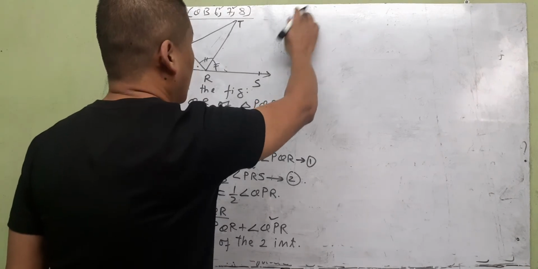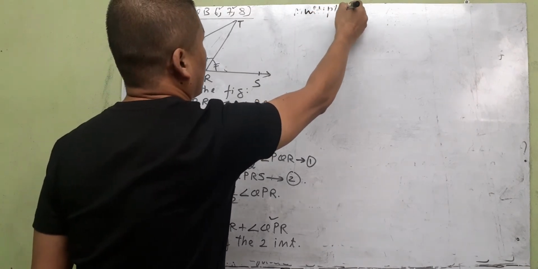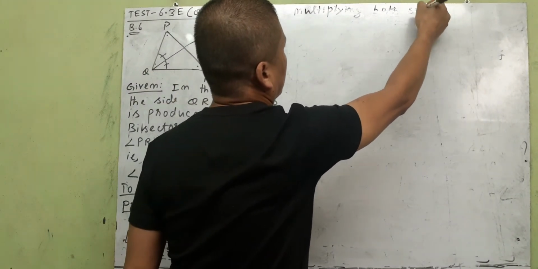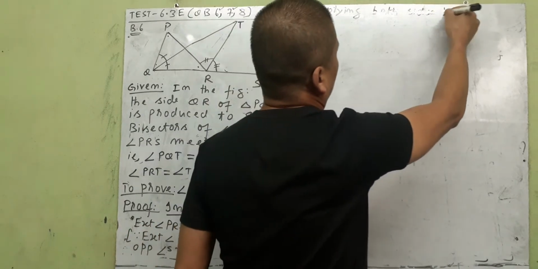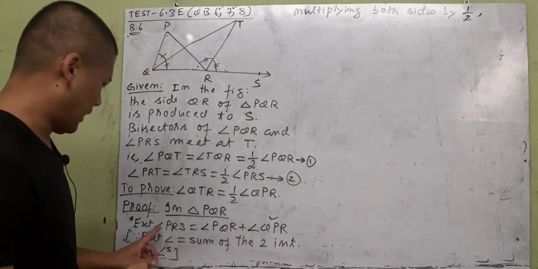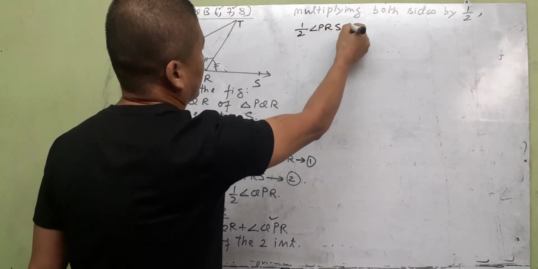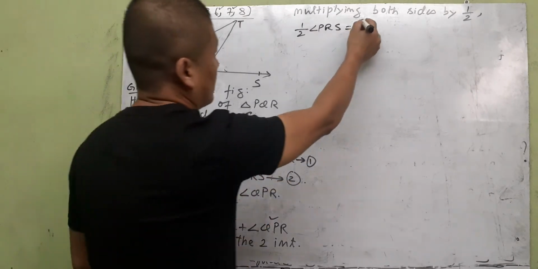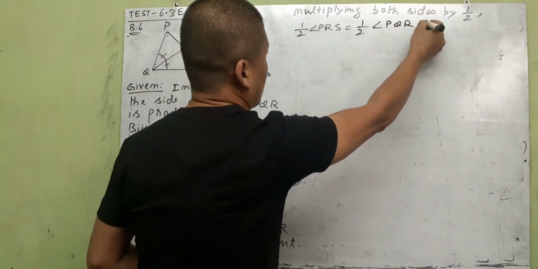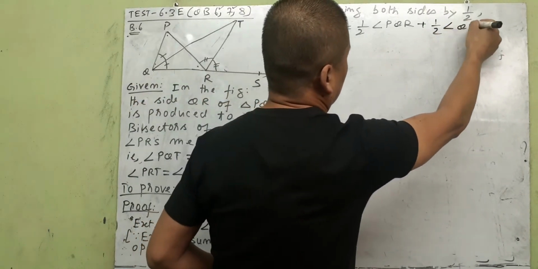So you can write, if you want, multiplying both sides, not hard, okay, but we need to listen carefully, both sides by number half, you will get here half angle PRS will be equal to half this angle PQR plus half of this angle QPR.